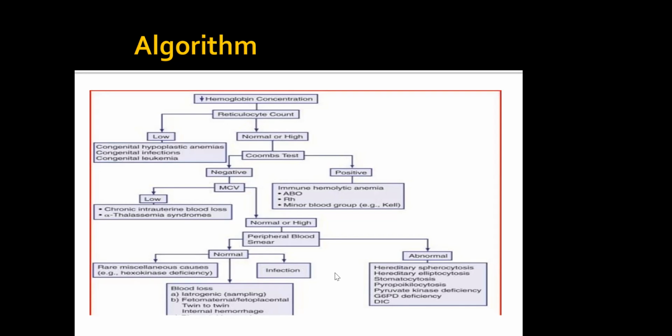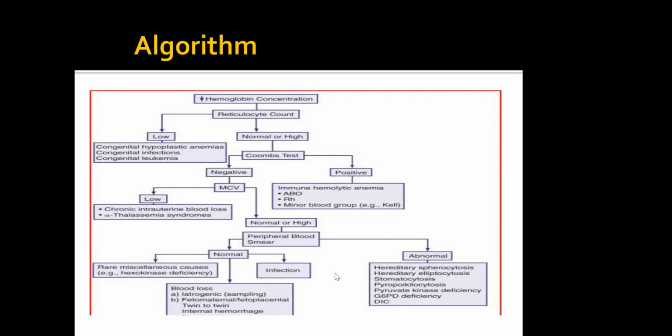If it is negative, then you look at your MCV. If your MCV is low, this could be a thalassemia syndrome, especially an alpha thalassemia syndrome, or it could be a chronic intrauterine loss, so a low birth weight baby with chronic intrauterine loss. But if your MCV is high or normal, then you look at the peripheral smear and the other parameters.